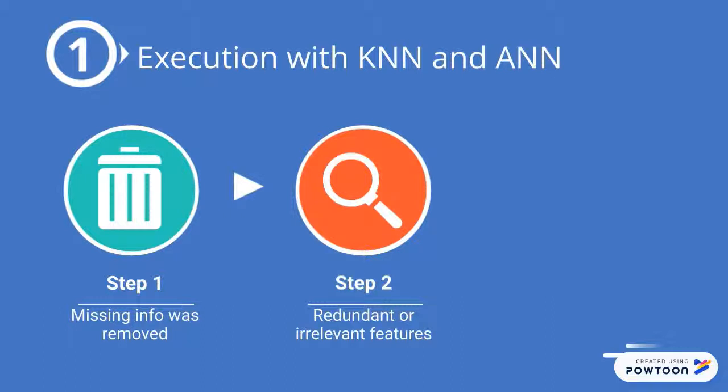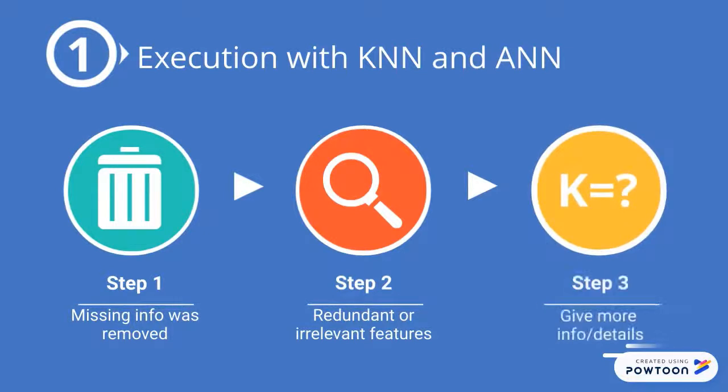Then we also looked at redundant or irrelevant features. So things like, for instance, education, which actually has nothing to do with the outcome of your medical condition. We also removed things like whether they're a smoker or not, because there's another feature that asks how many cigarettes a day they smoke, which actually answers both of those questions, right?